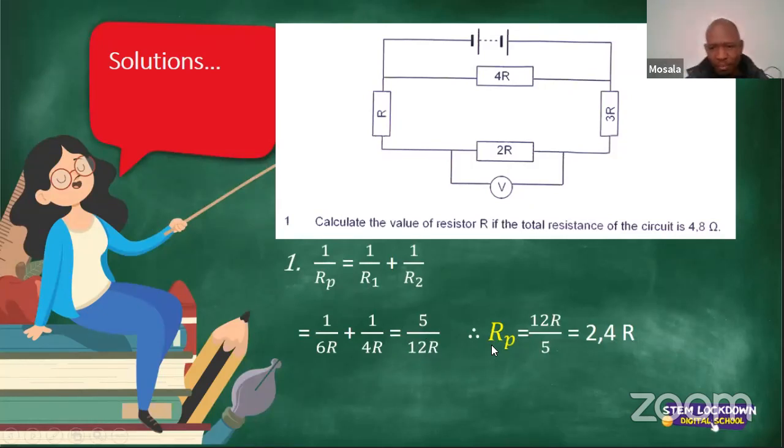Therefore, Rp will be equal to 12R over 5.